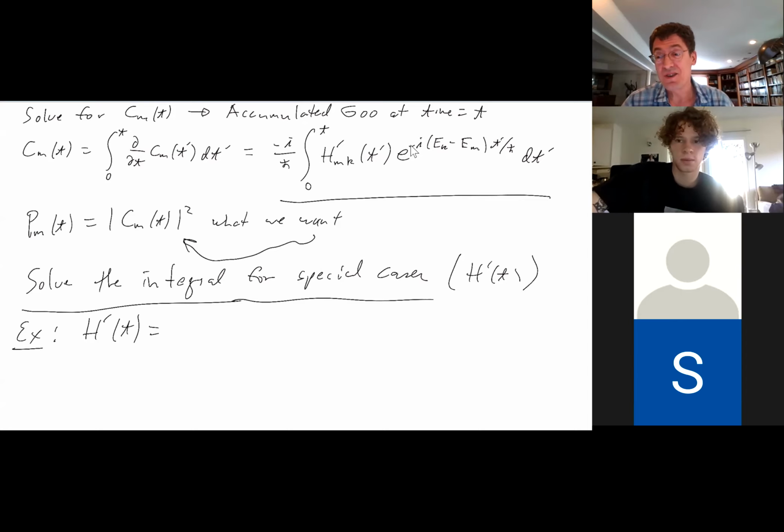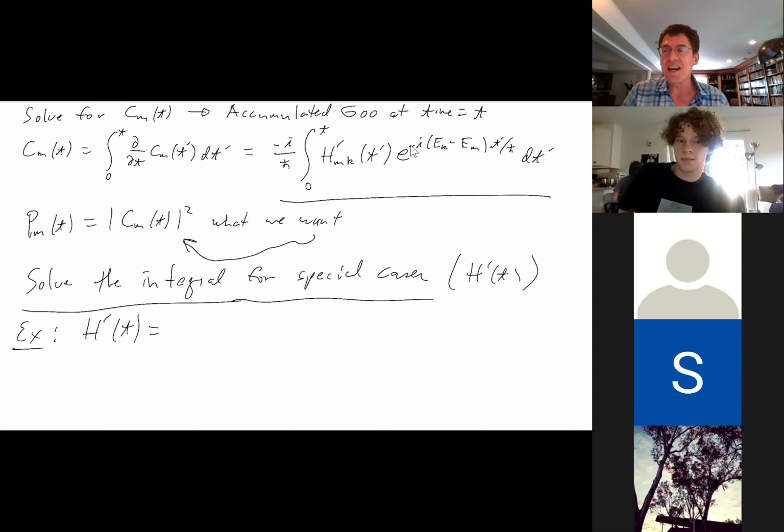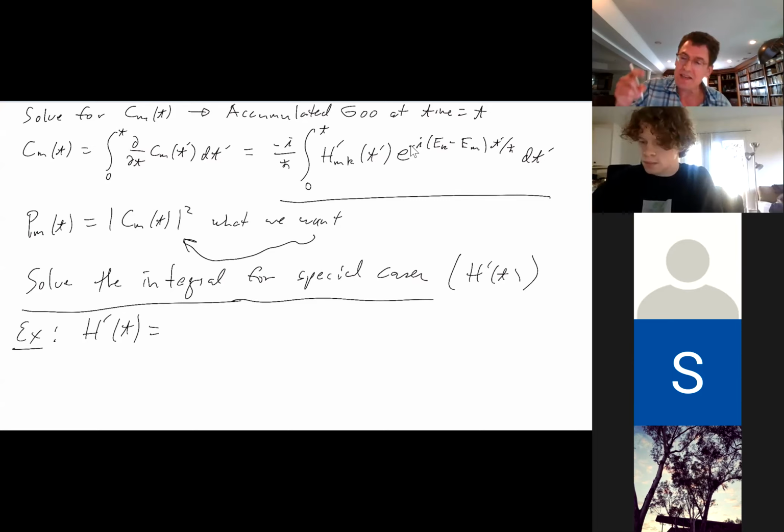Well, I'll tell you, 0. That's the simplest. But what's the second simplest? Equals what? 1. Yes, exactly. A constant. That's right. So let's assume not 1, but I'll just say a constant. But you know, it could have been 1. So let's assume that h prime equals a constant.